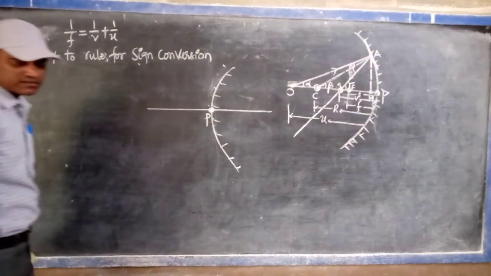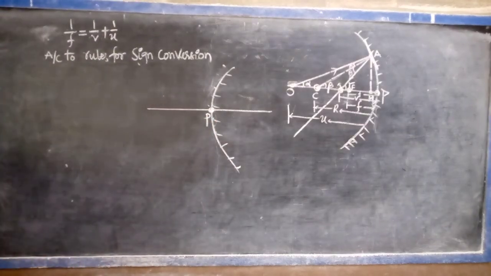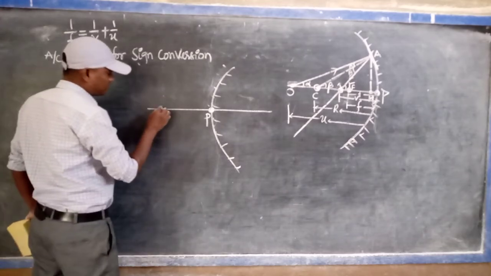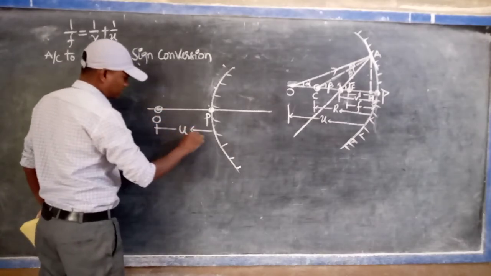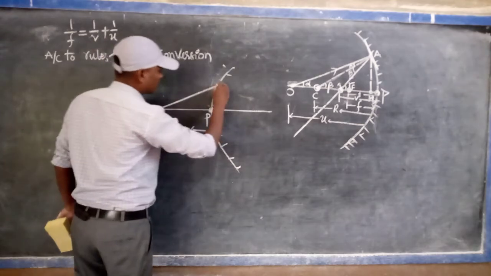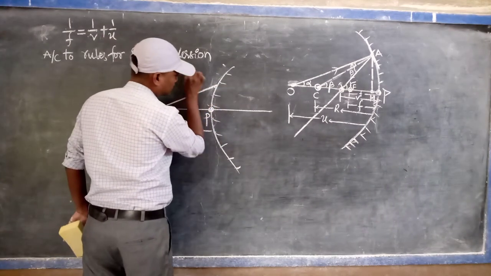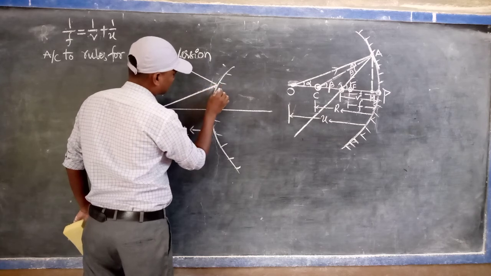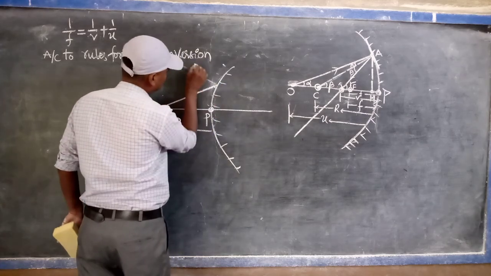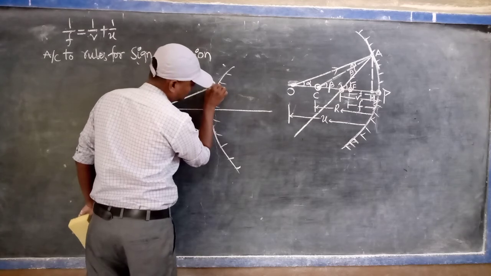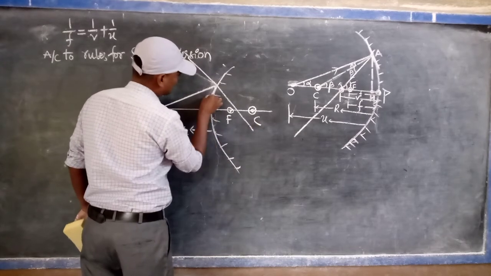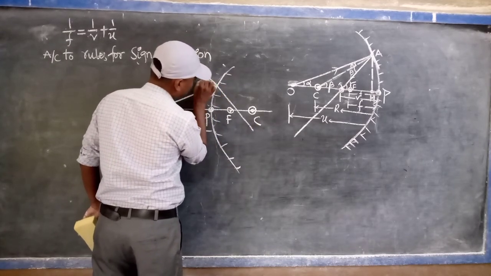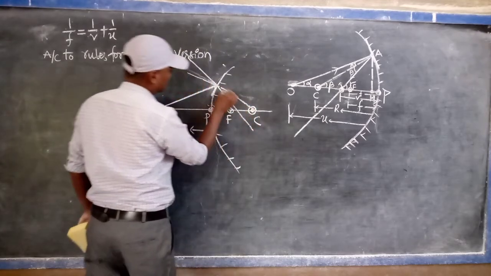This is the pole of the mirror. This is the object O. This is the U. F, C. Like this.